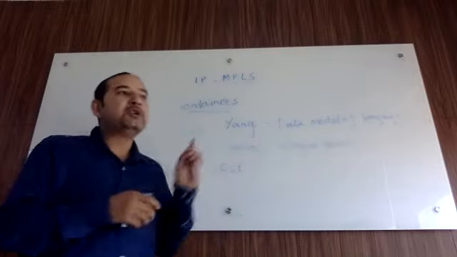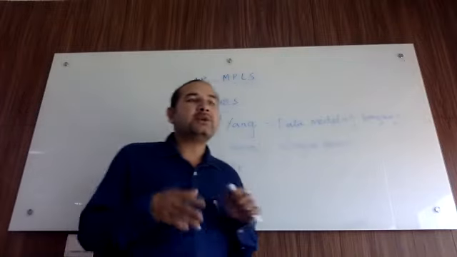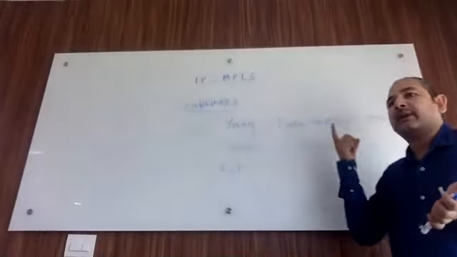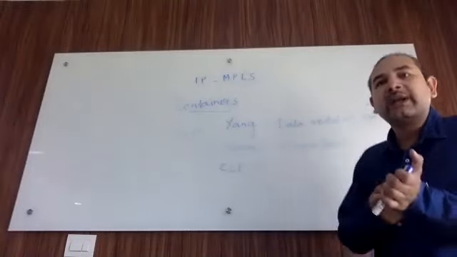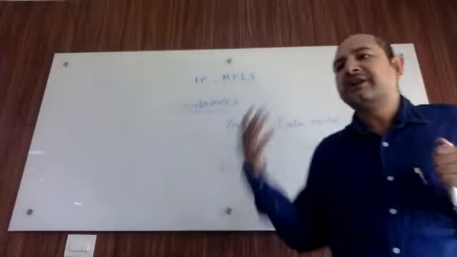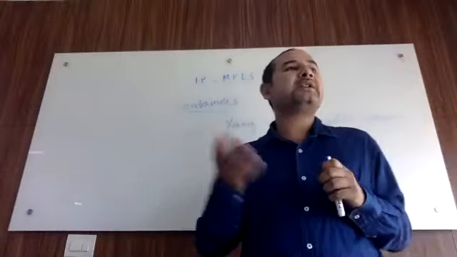Just like for L2 VPN, there are only 3 mandatory fields. If you know the interface, the pseudo wire ID, and the remote IP, you can configure L2 VPN. Doesn't matter whether it is Juniper or Cisco.